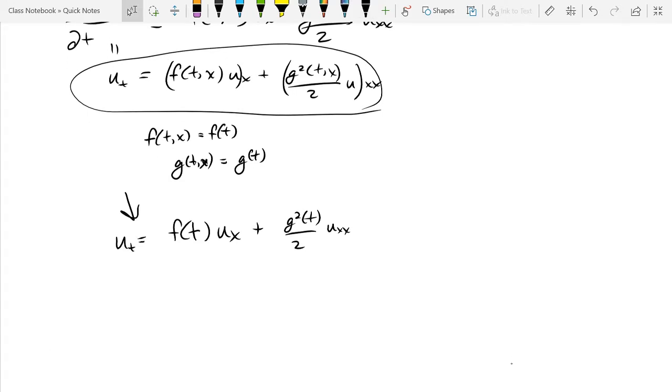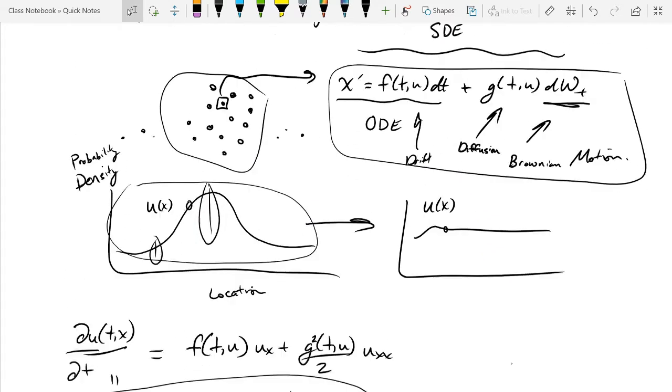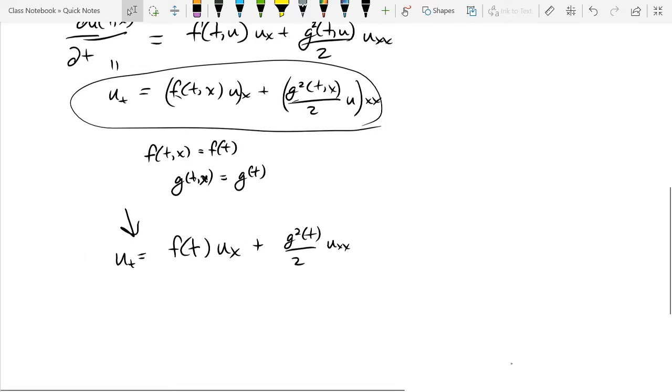And when you have a nonlinearity and other stuff involved, the f function and g function in general can actually be functions of u, just not when you derive it in this way. It is more difficult, but the same numerical ideas will apply.